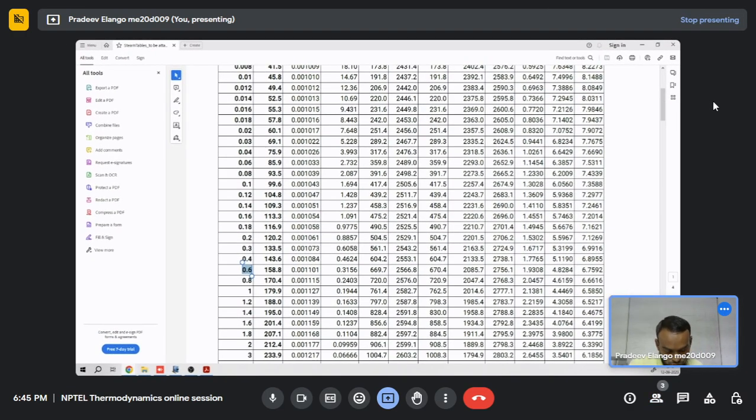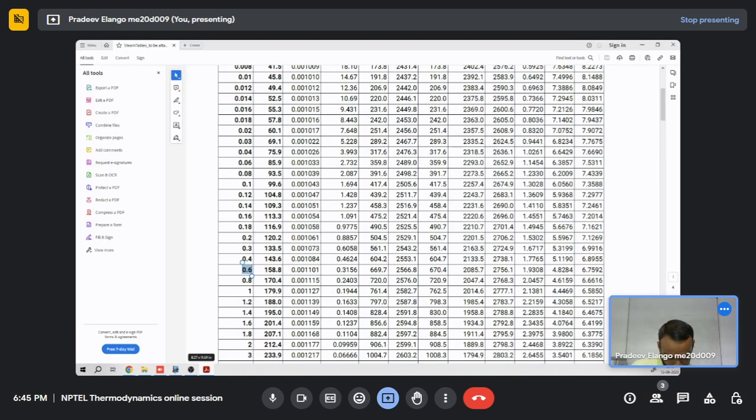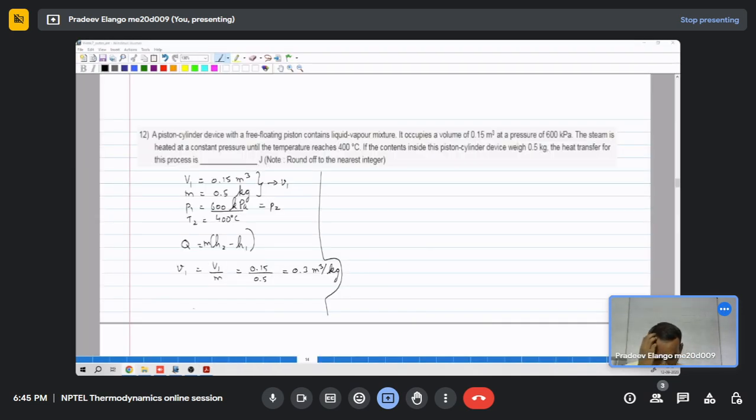Thank you. So with 0.6 we have these two. V1 is equal to Vf1 plus x1 into Vg1 minus Vf1.